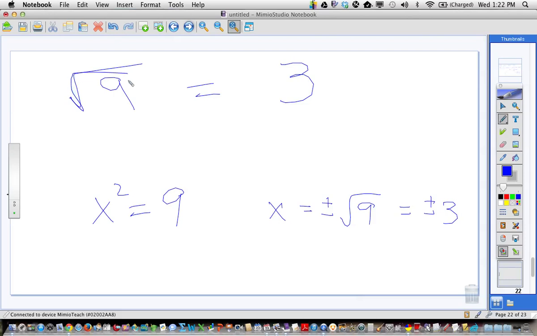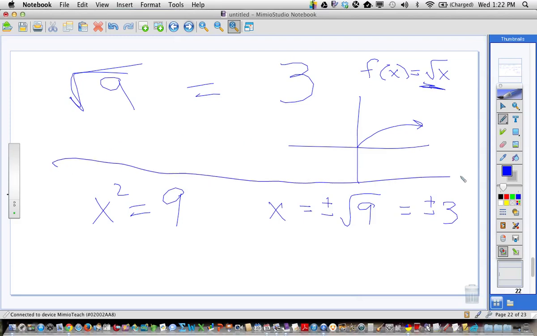So it's just 3. Okay, so if I have this function right here, the square root of x function, that is just the top half of a sideways parabola, because it's only asking for the positive output, the positive square root. Okay, so that's something that comes up from time to time with this.